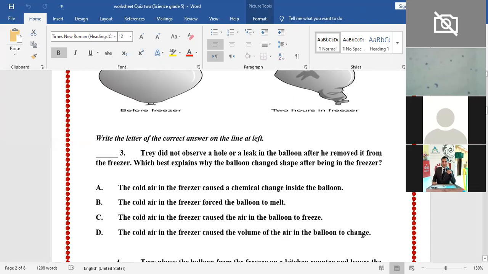So when he or she put the inflated balloon inside the freezer, after 2 hours it got smaller or shrank. But in number 1, when the liquid changed to ice in the freezer, it expands. But air at low temperature in the freezer gets smaller or shrinks. Opposite.